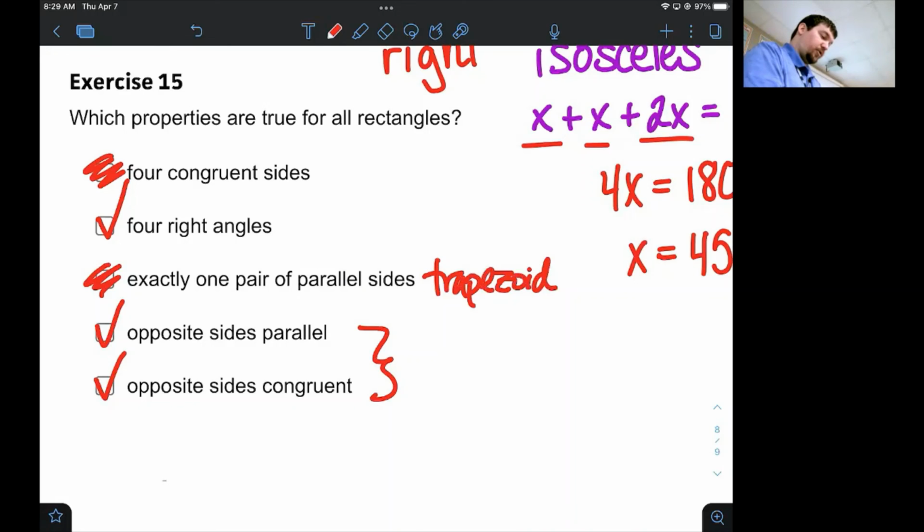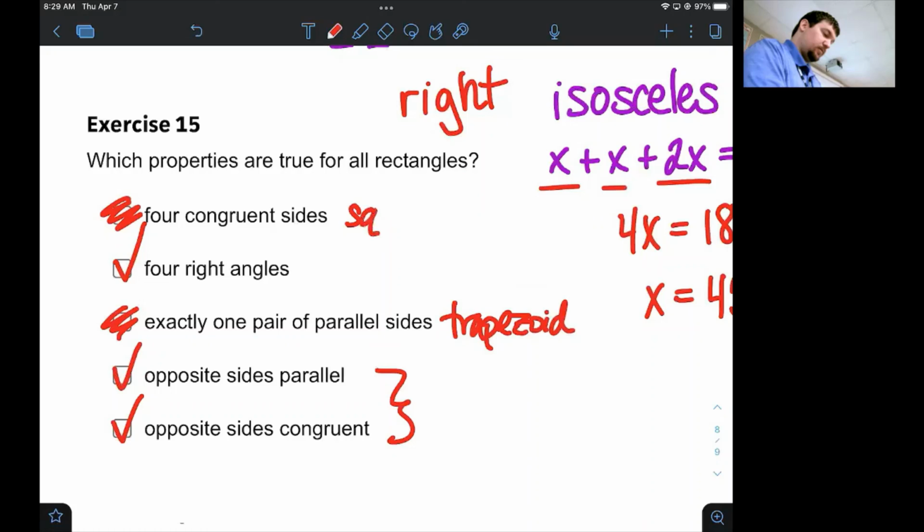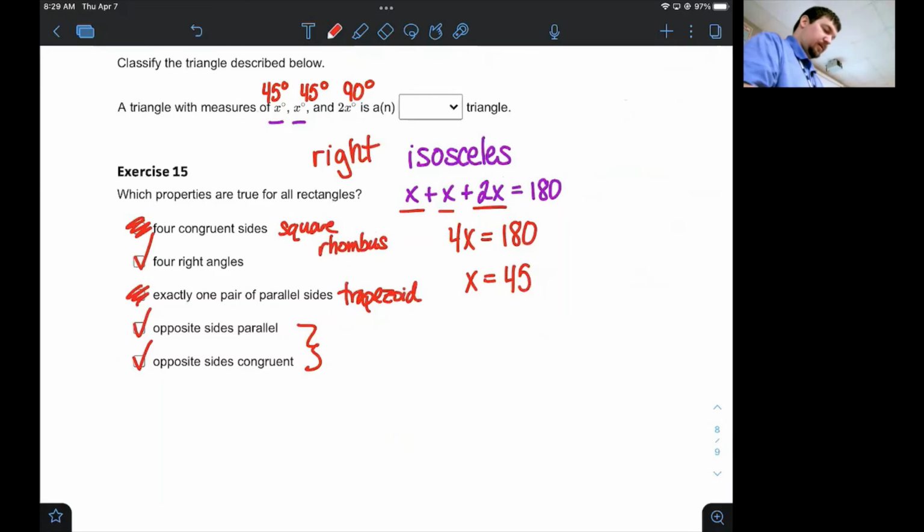And then if it has 4 congruent sides, it could be a square or it could be a rhombus, but it's not necessarily going to be a rectangle. So the only ones that work are the 2nd, 4th, and 5th options, or as Lucas would say, B, D, and E. Okay. All right, moving on to number 16.